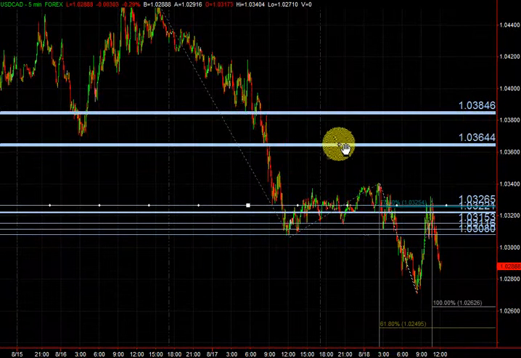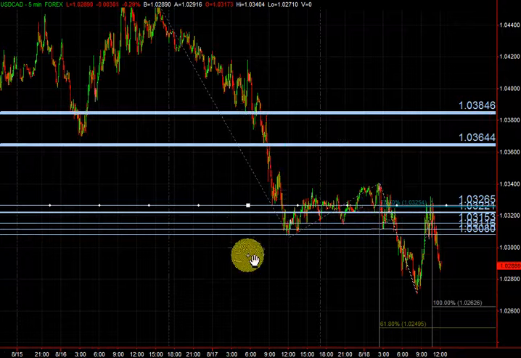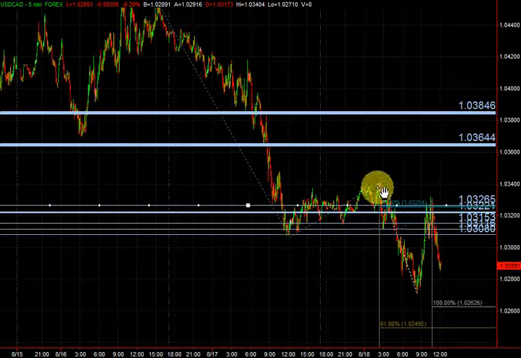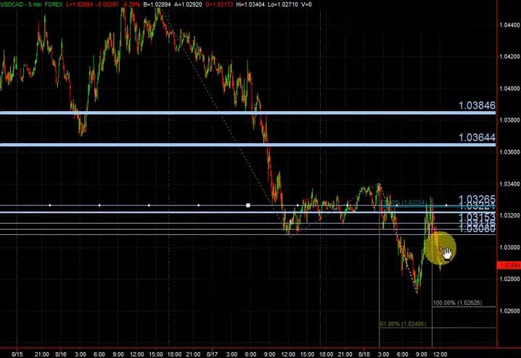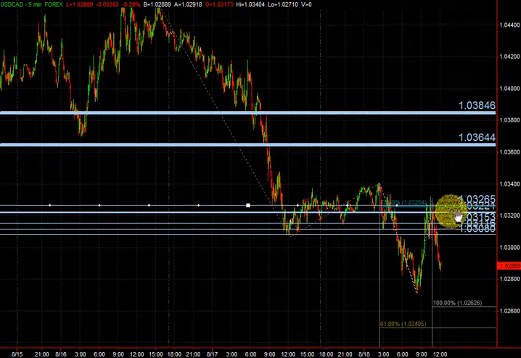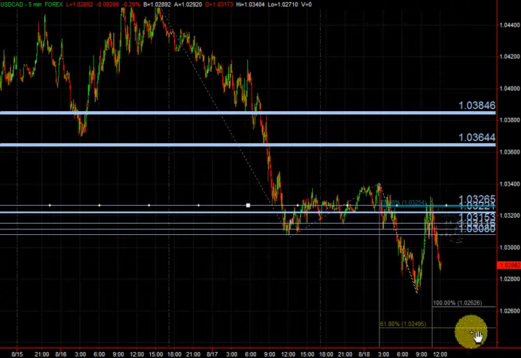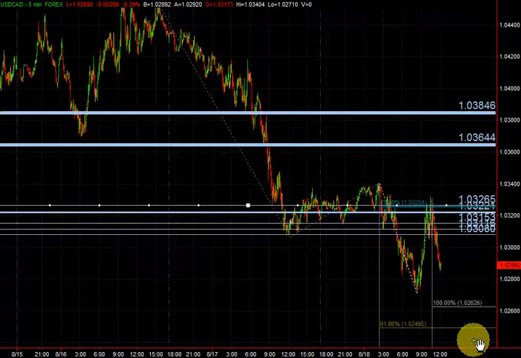So now you can see that from our top-down analysis, we have a lot of resistance levels out here that the market's telling us that the price might at least try and penetrate around this area before it actually starts moving south.